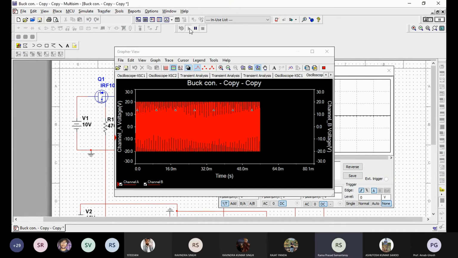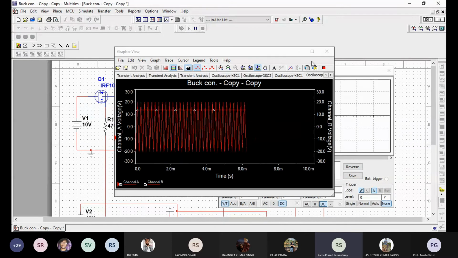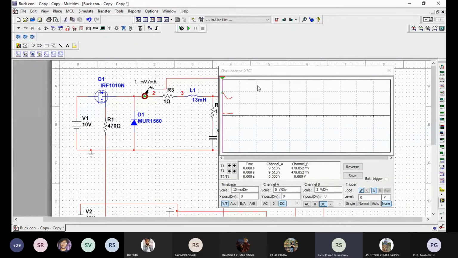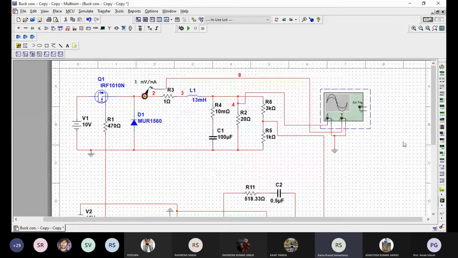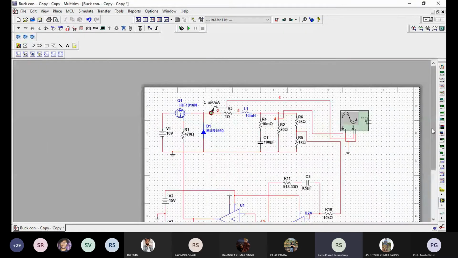Simultaneously you can use the oscilloscope, not for this, sorry, it is the grapher of the second one. One minute. Grapher of the first one.